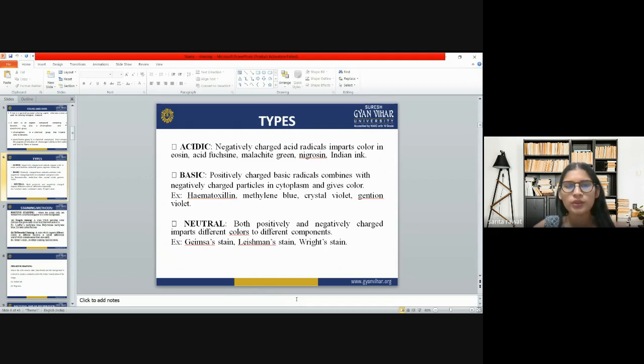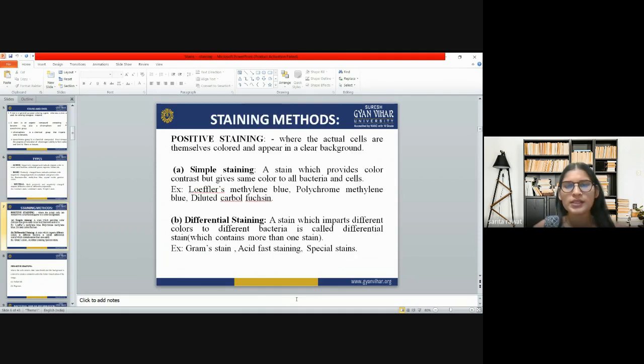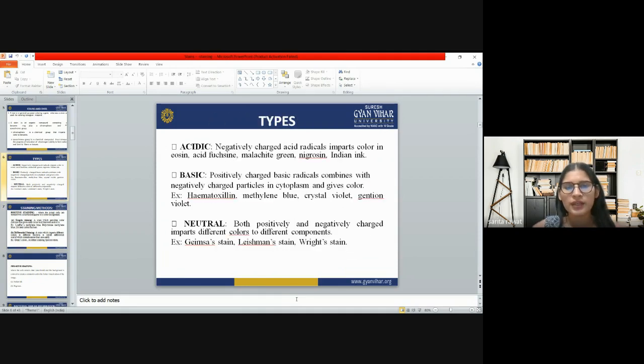Now, coming to the neutral dyes, they have both positively and negatively charged components. They impart different colors to different components. For example, we have Leishman stain, Wright stain, and Giemsa stain. So these are the types of stains and dyes we have.